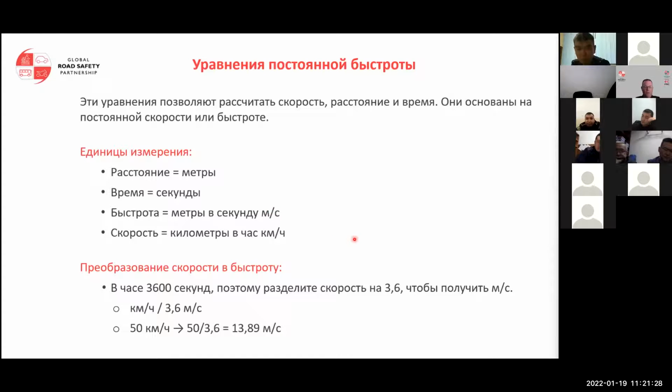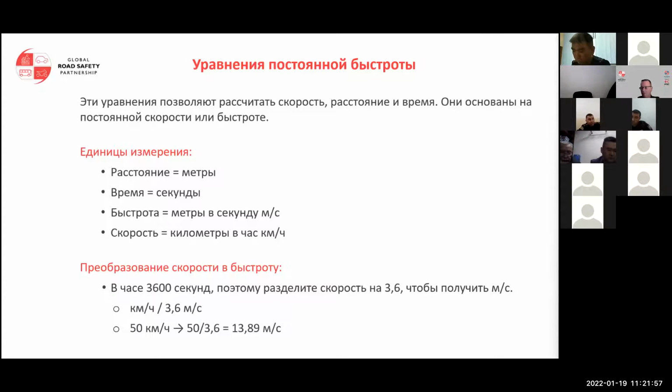So if we're going to use velocity, we need to know how to convert kilometers per hour into meters per second, because the speedometer in your car doesn't show meters per second, it shows kilometers per hour. It's a simple little constant that we will apply. In every hour, there are 3,600 seconds.